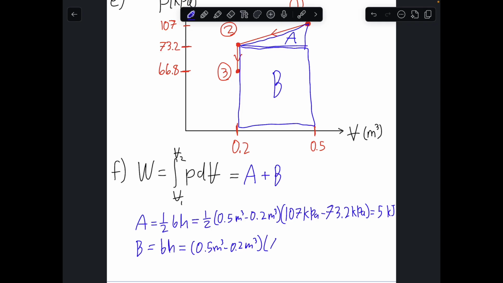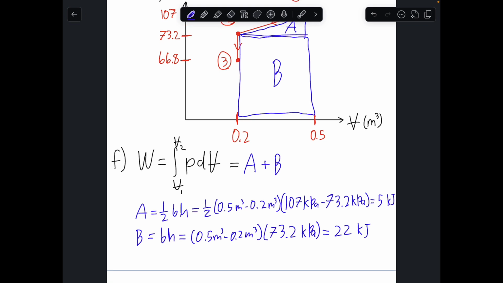So that would be 73.2 kilopascals. And this is going to be equal to about 22 kilojoules. And so adding those together, we just get the work is equal to A plus B, the boundary work here. And that's just going to be about 27 kilojoules.